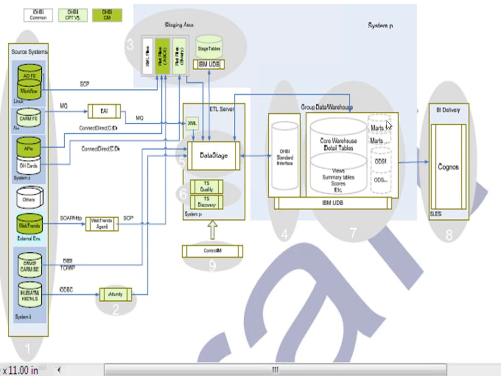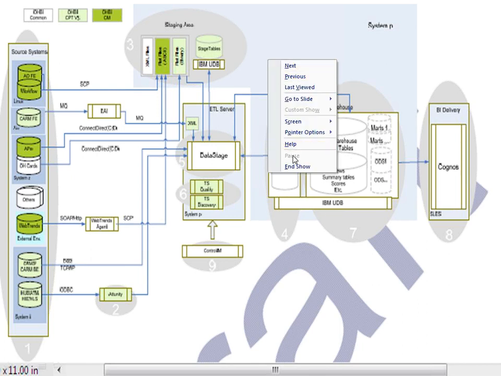Whatever marts we implement here are dependent, because they are completely dependent upon the warehouse. Once the warehouse is created, the data inside the warehouse is loaded into the marts.